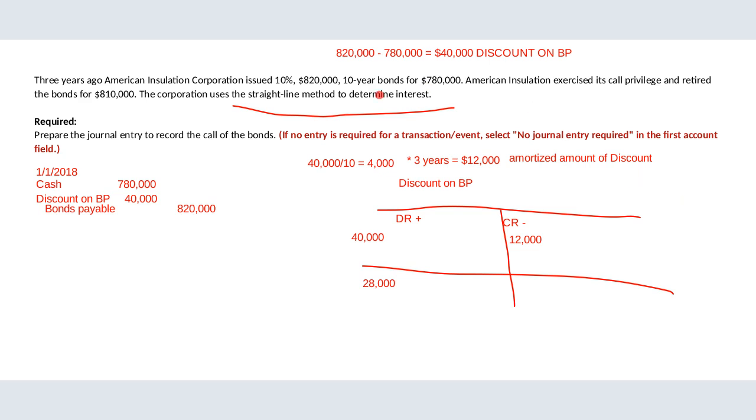All right. So since we are selling these bonds, we're going to have to zero out this account. So in figuring out the carrying value of our bonds, we take our face value of 820 less the unamortized amount of discount, in this case the 28. I'm sorry, this should say face value actually.